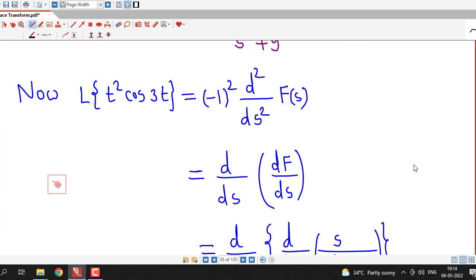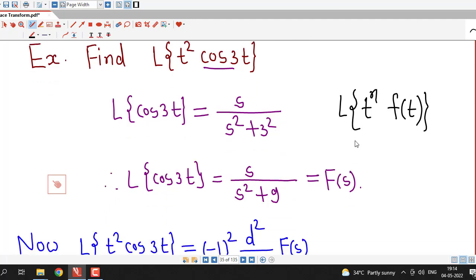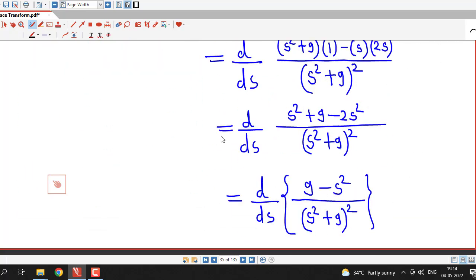So in this way we can obtain the Laplace transform of function f of t, which is multiplied by t raised to n, using this formula. So remember this formula: this is equal to minus 1 raised to n times d raised to n by ds raised to n of Laplace transform of f, that we denote by capital F of s. So this is another formula for Laplace transform.